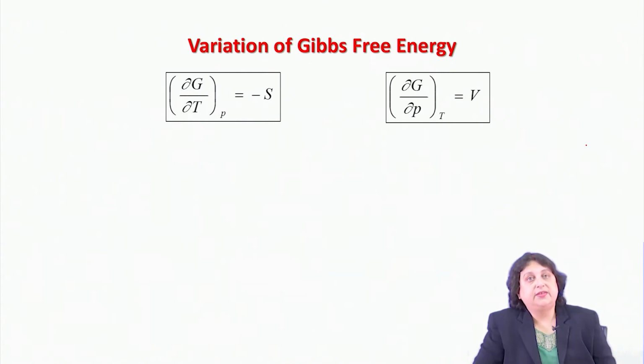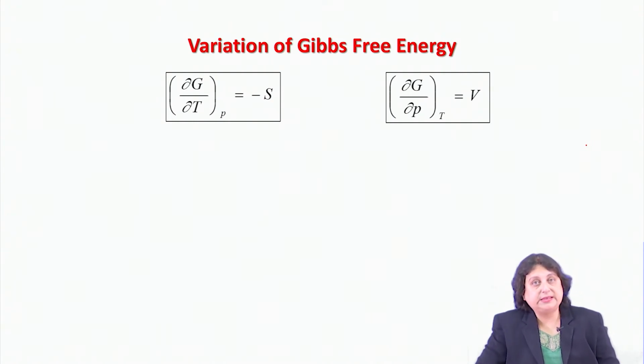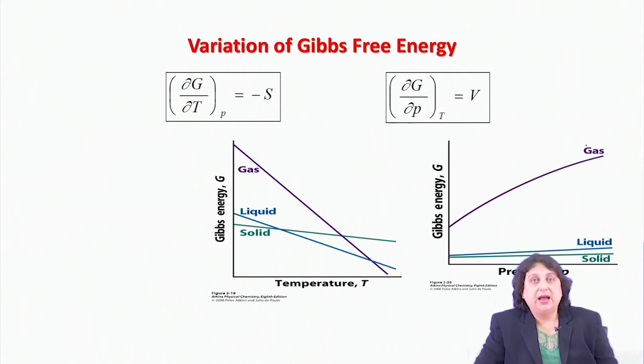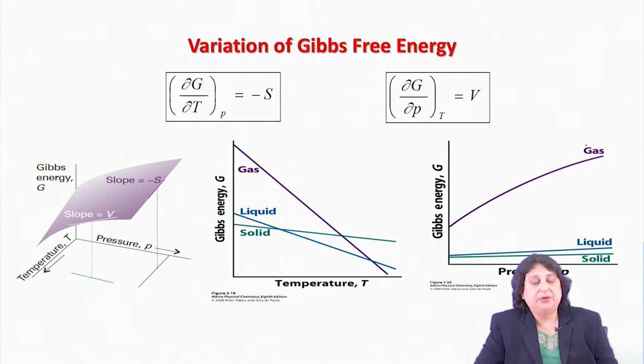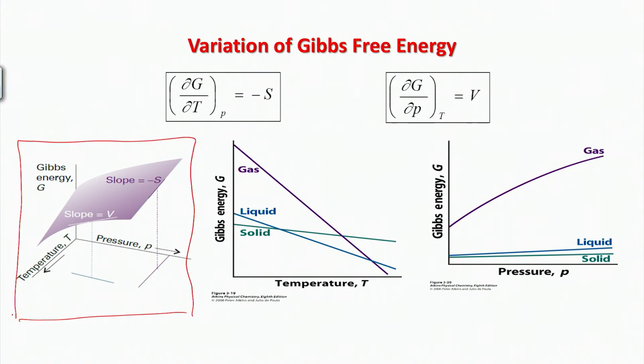Now that we understand the variation of Gibbs free energy under different conditions in terms of S and V, I say that, well, depending on this, I can either look at the temperature dependence or pressure dependence, or I can have the variation of Gibbs free energy simultaneously plotted as a 3-dimensional surface when I am plotting the variation in temperature and variation in pressure simultaneously. So what kind of surface will you expect here?